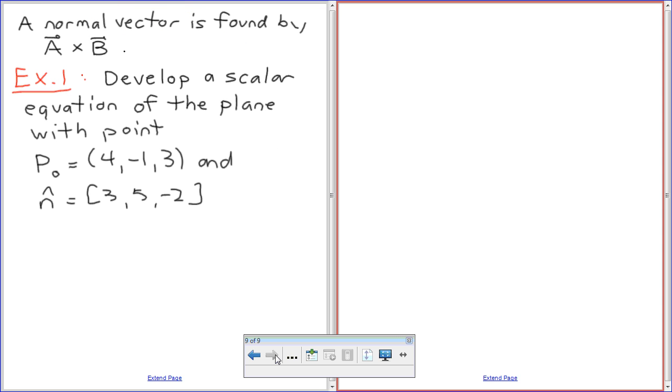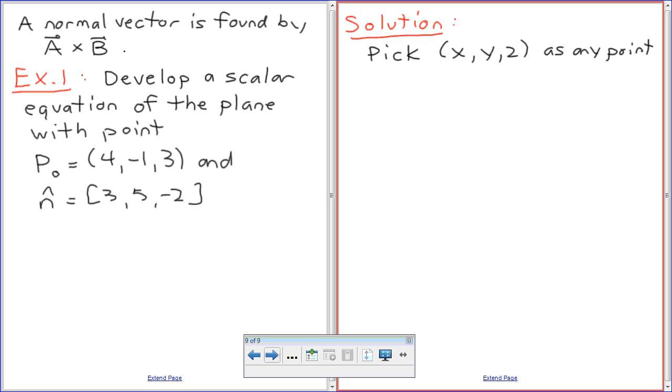Okay, so for my solution, we're going to pick X, Y, Z as any point on the plane, as point P. Okay, so we picked any point on the plane.